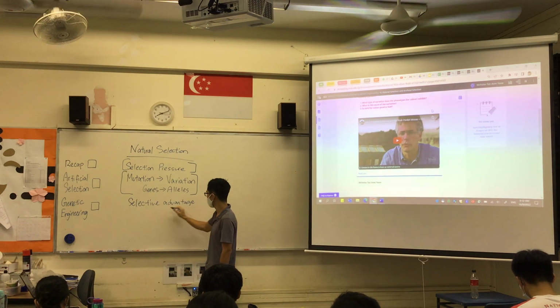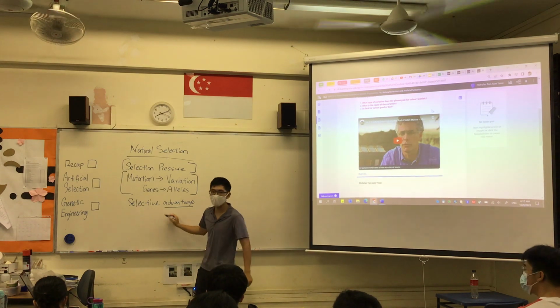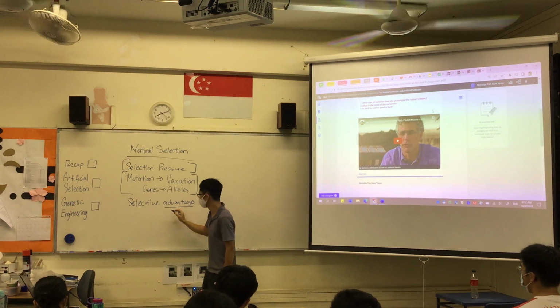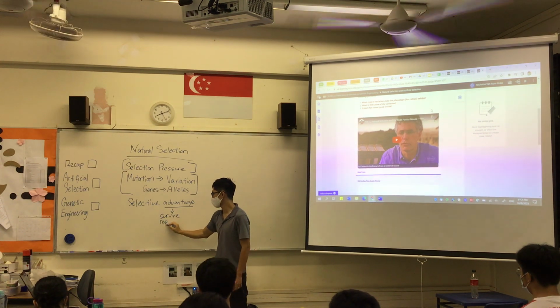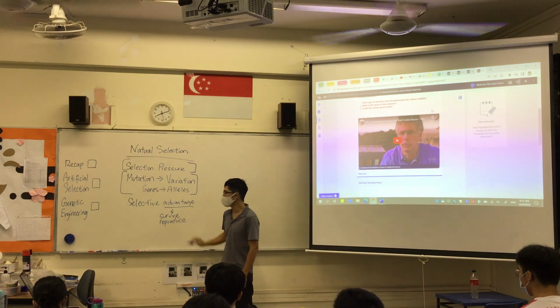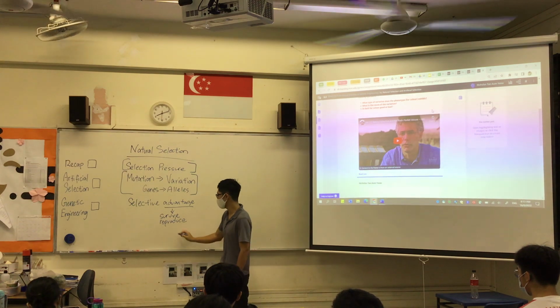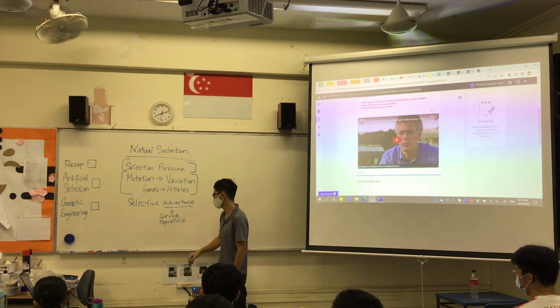What exactly is this advantage we're talking about? We're really talking about your advantage to be able to survive and reproduce. Because the moment you can do these two things, you can pass on your alleles to the next generation.